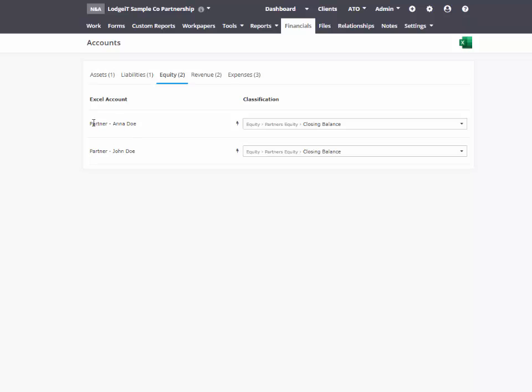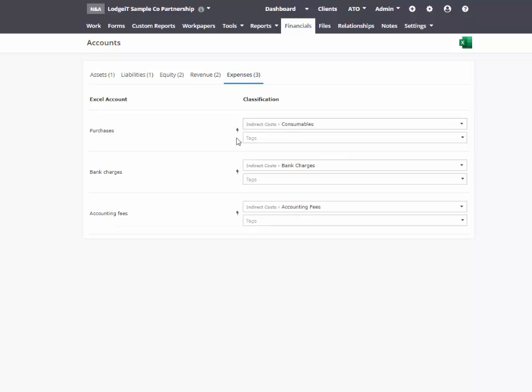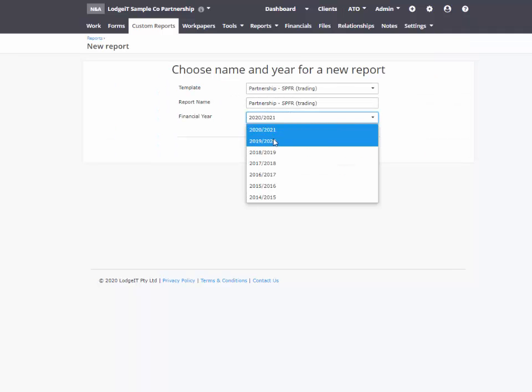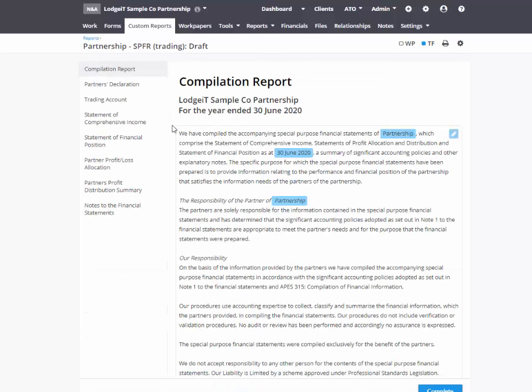Okay, so you see when you get your naming conventions right, it'll pick up and put it in the right spot. All looks right. So head over to custom reports. That's for 2020, right? The 2019 comparatives.